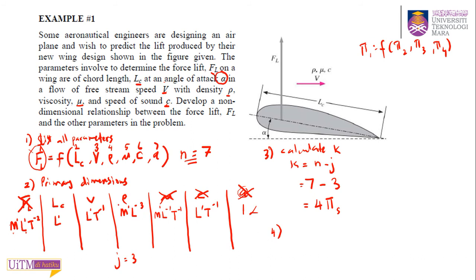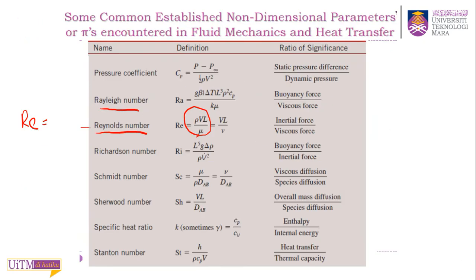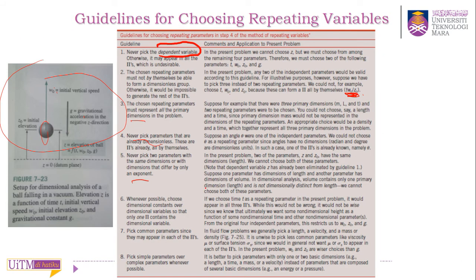So it already answers our question: how can we choose the repeating variables after we cancel out everything? What's left to us is only the length, the velocity, and the rho. That's how you use this guideline to choose the repeating variables. You need to understand this.